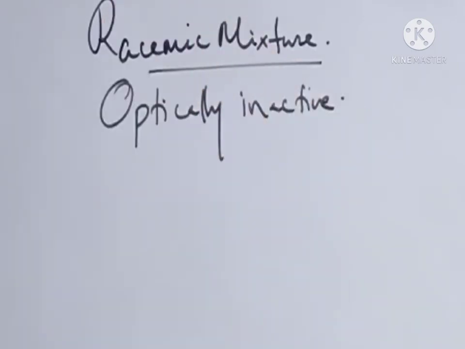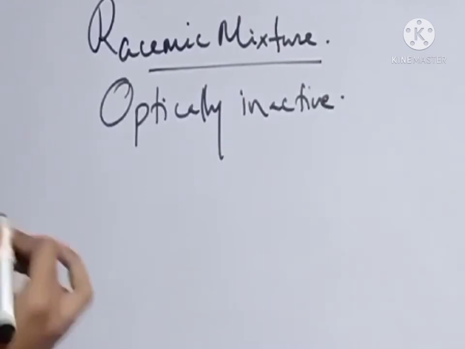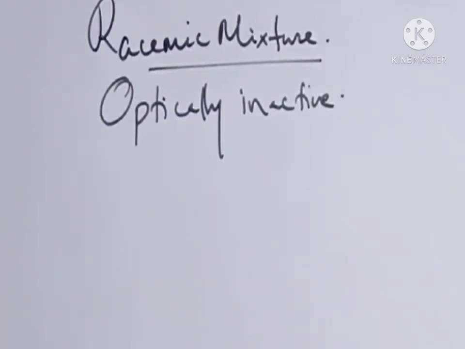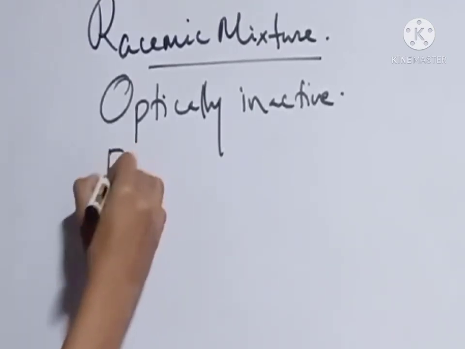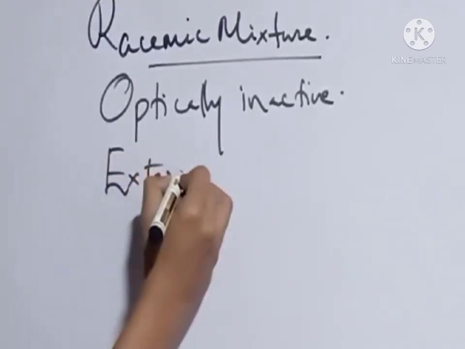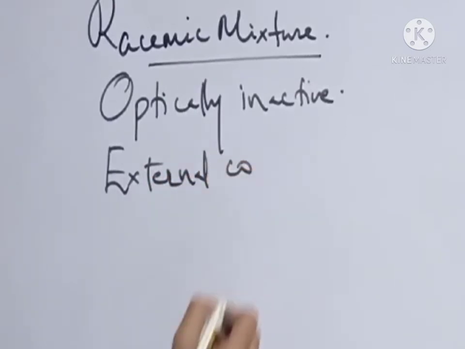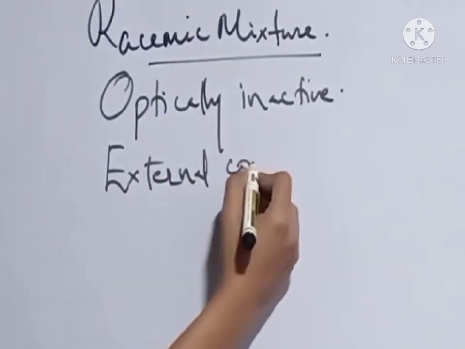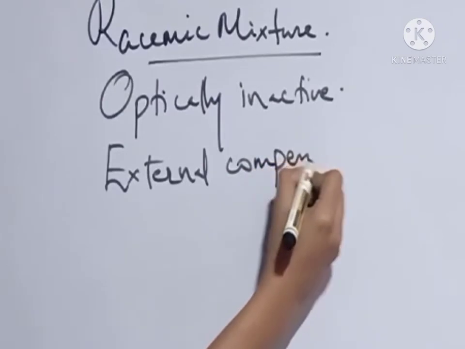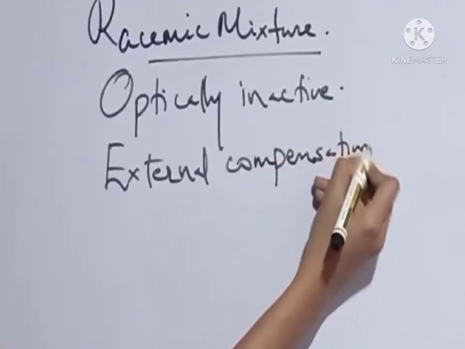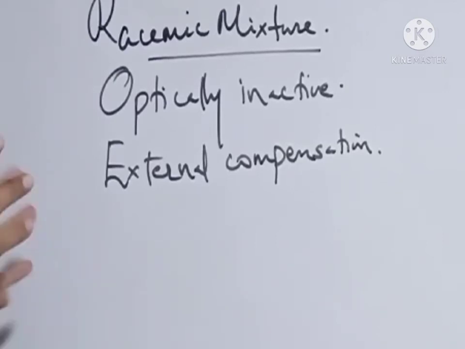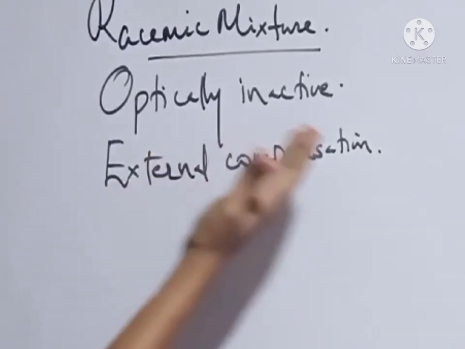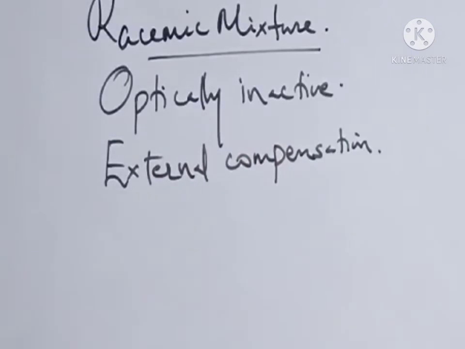In meso compounds, optical inactivity is due to internal compensation, but here optical inactivity is due to external compensation. Before that, we have to know what is racemic mixture. Then only we can understand what is external compensation.